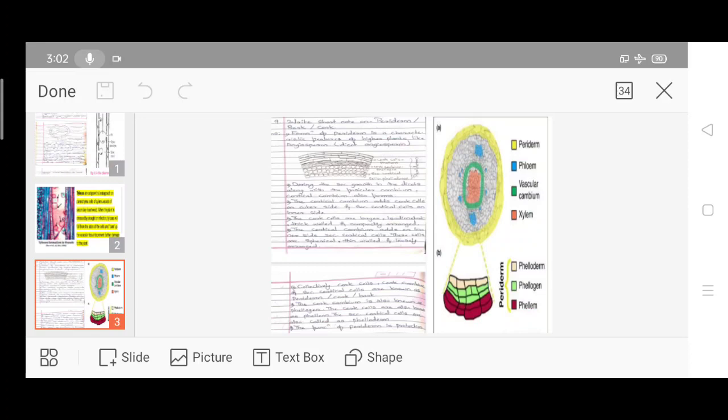So these are some interesting features present in dicot plants. First we discussed the tyloses, then the phelloderm or periderm, then the lenticels. These are some interesting features observed in dicot angiospermic plants.